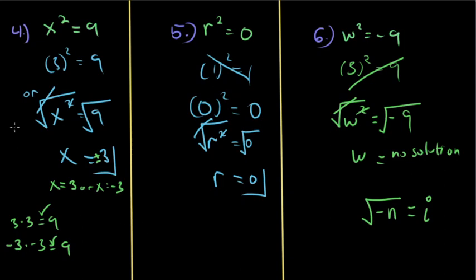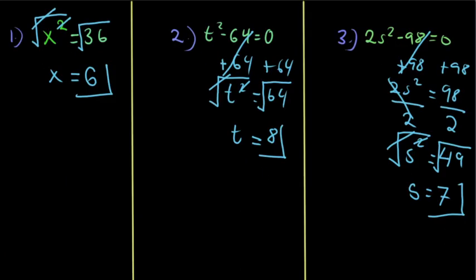Ganun din yung sa mga nauna nating example kanina. Tingnan natin. So x here is not just positive 6, but also negative 6. 6 times 6 is 36. In the same way, negative 6 times negative 6 is also 36. So dagdagan natin ng plus minus sign. Maging dito. Eight times 8 is 64.